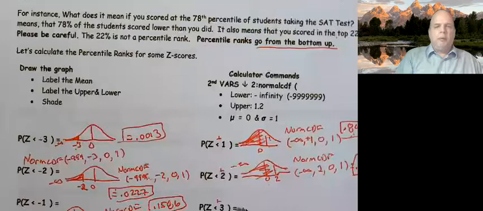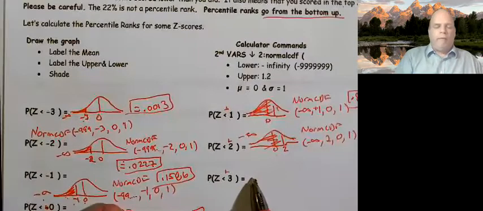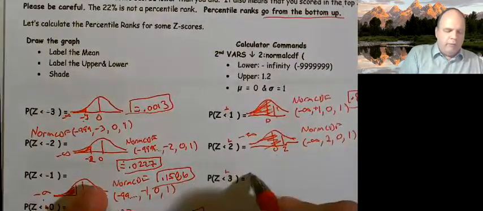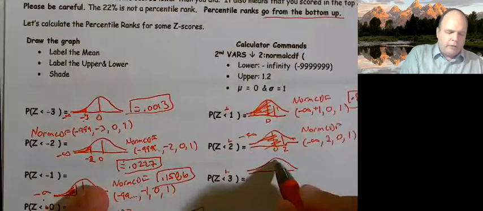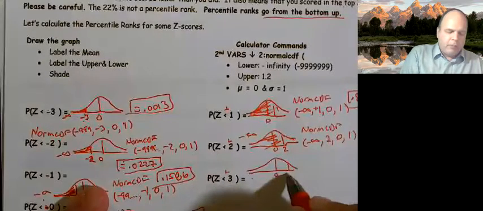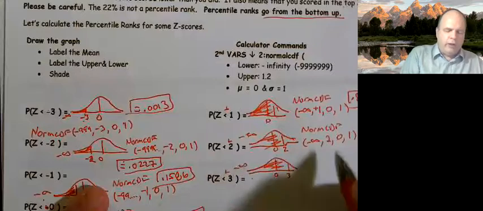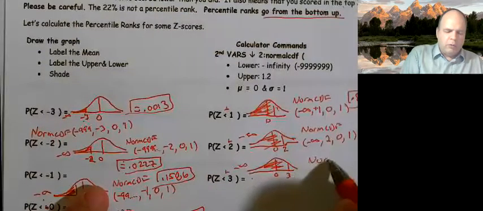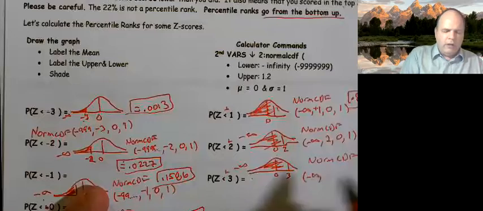And then we go to positive 3. Well, if you're 3 standard deviations above, you're actually doing really well. And matter of fact, you're fairly rare. So this is negative infinity. Once again, norm, CDF, negative infinity. 3 is my upper part of the shading. 0 is my mean, standard deviation of 1.